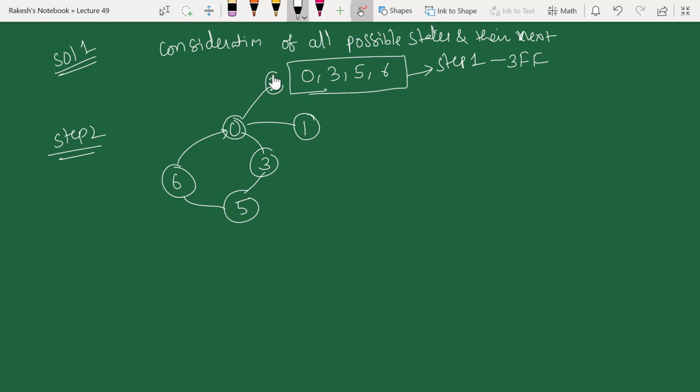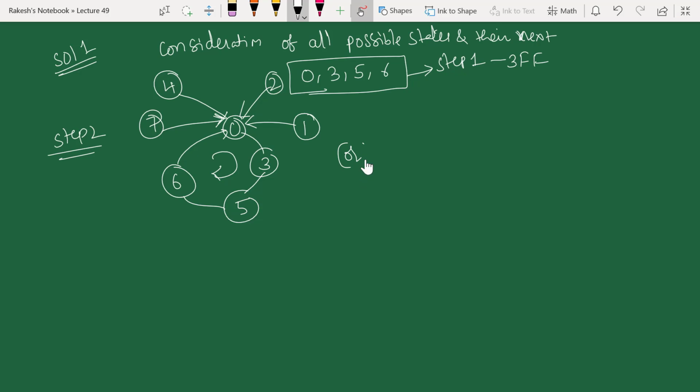Even if it goes to 2, it's supposed to come to 0 0 0 state. Even if it goes to 4 also, it's supposed to come to 0 0 0. Similarly, if it's 7 also, it's supposed to go to the 0 0 0 state. That means whenever your flip-flop goes to either 1 or 2 or 4 or 7 state, in the next clock cycle it's supposed to go to all zeros, then it goes in the cycle forever.